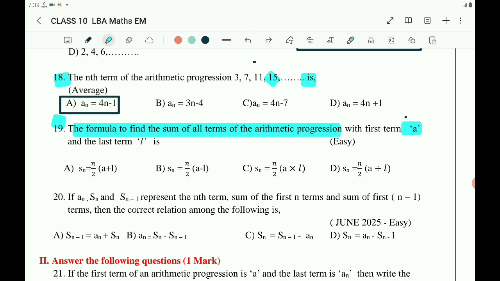That is S_n equals n by 2 into (a plus l). n by 2 into (first term plus last term). Here you can recognize the first one. First one is the answer. Option A is given here. S_n is equal to n by 2 into (a plus l).